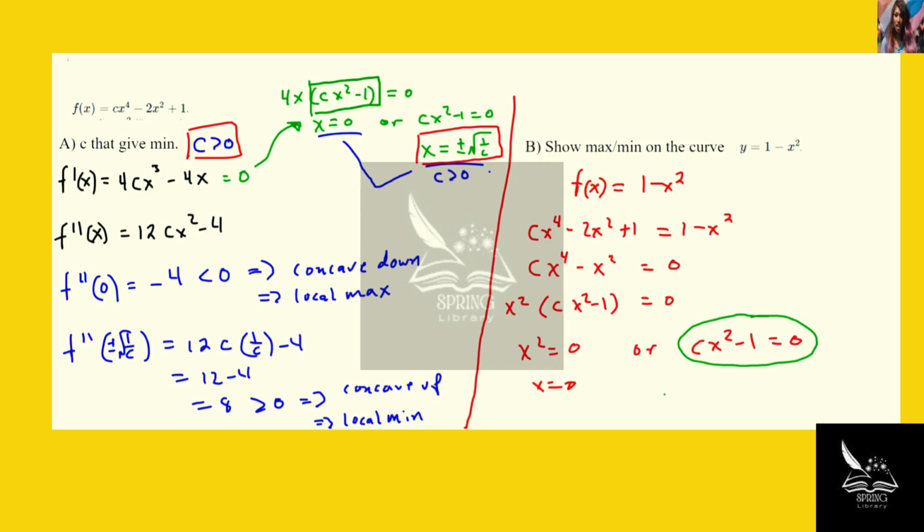So this also gives the solution x is equal to plus or minus 1 over the square root of c. So we get that both of our critical points will also have the same output for our family of functions as 1 minus x squared. So all the max and mins will lie on that parabola.